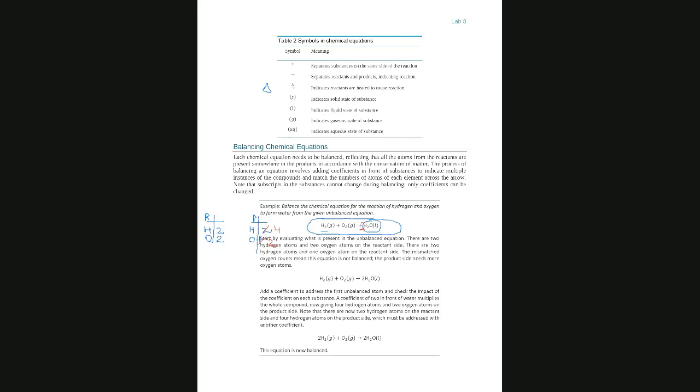And then if I have 4, I will look at the reactant side and I will say, oops, now I have to do something because the oxygen is balanced. I have 2 here and I have 2 here. But what happens with the hydrogen? It's not balanced. I have 4 on the product side and only 2 on the reactant side. So then I have to add in another coefficient.